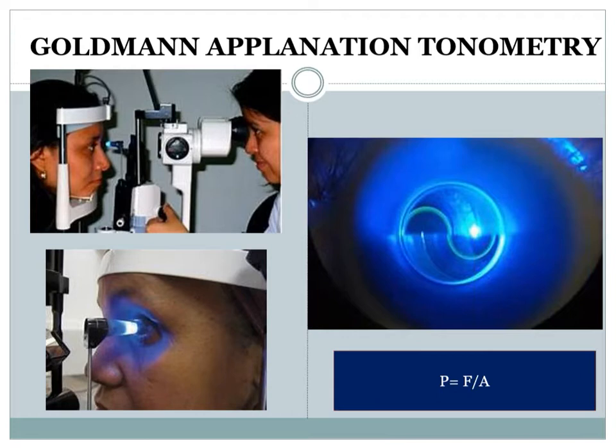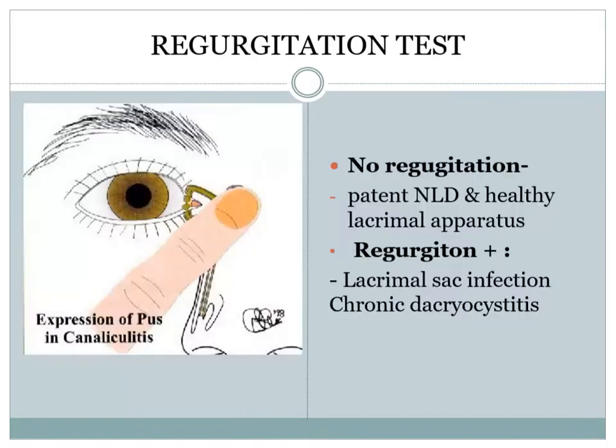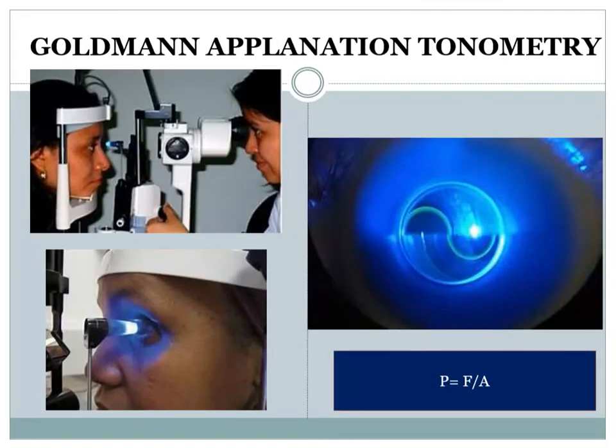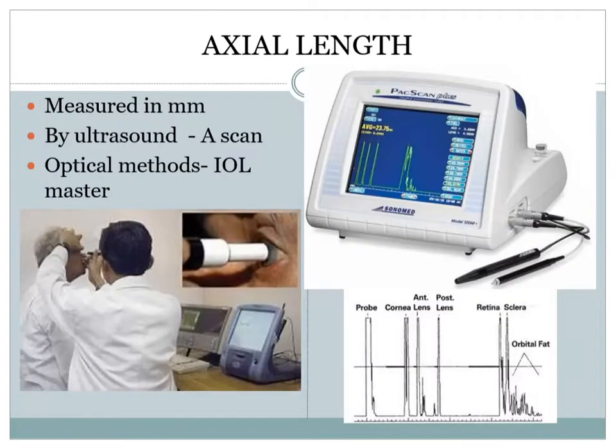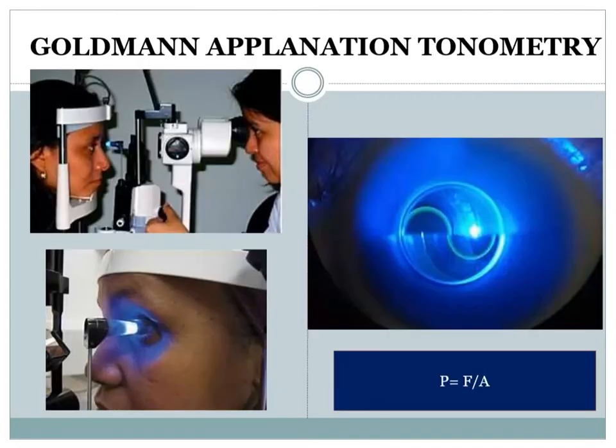Okay, so how do you know that that much of cornea has been applanated? By looking at the Myers. Look at the Myers in the top right picture.